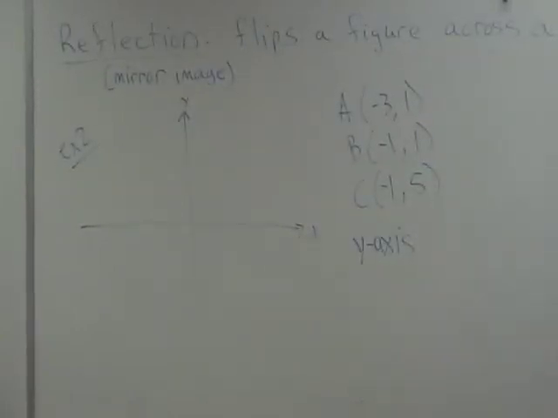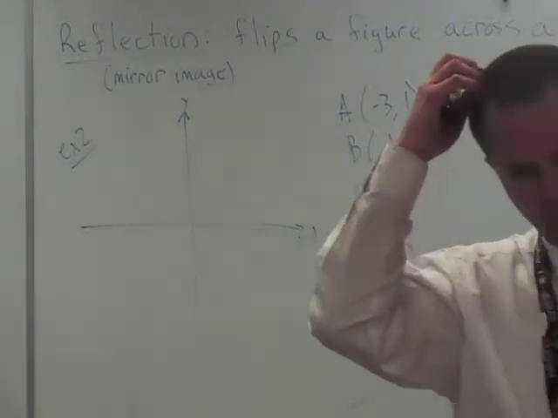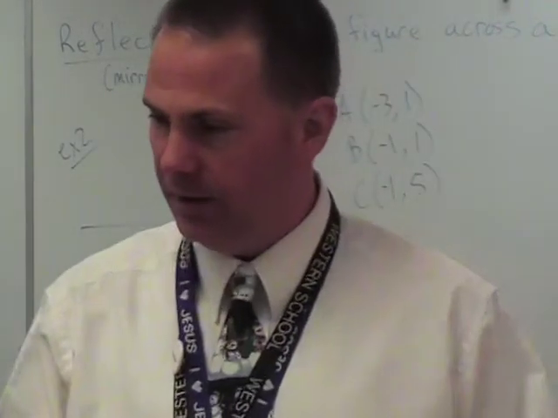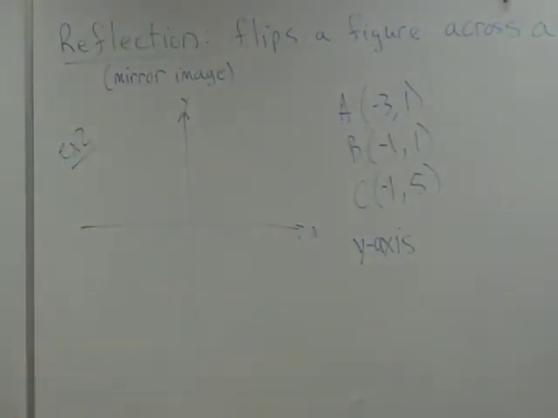First of all, plot your pre-image on your graph. And then tell me what it would look like if it was flipped across the y-axis. Actually, write it down. Draw the prime image, the actual image, across the y-axis.